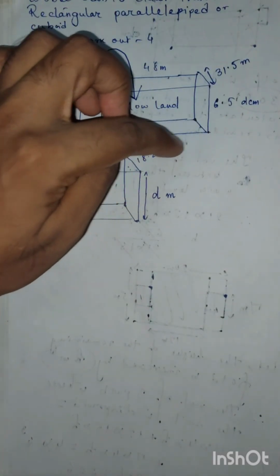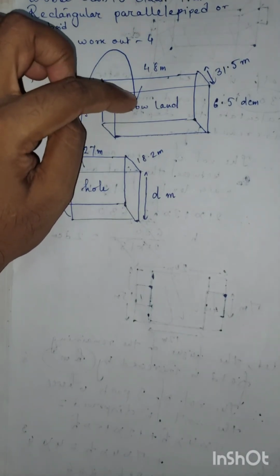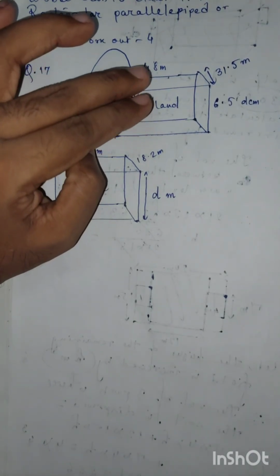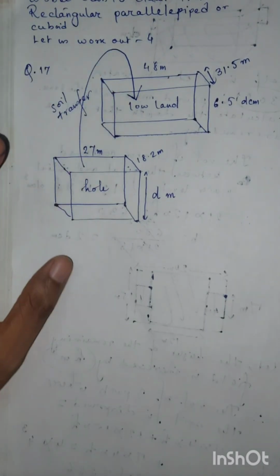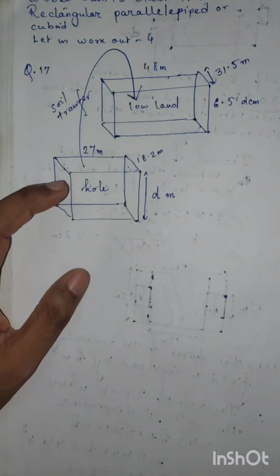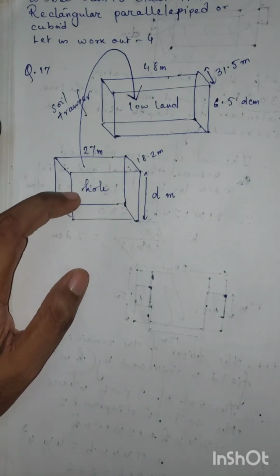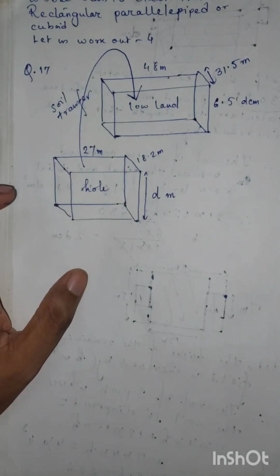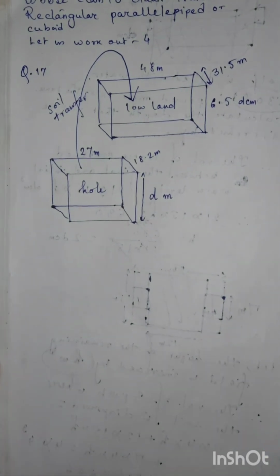So the volume of the elevated land should be equal to the volume of the soil. Now let us solve it.